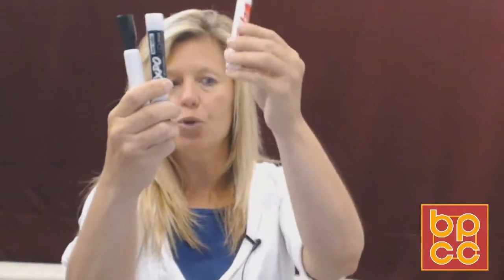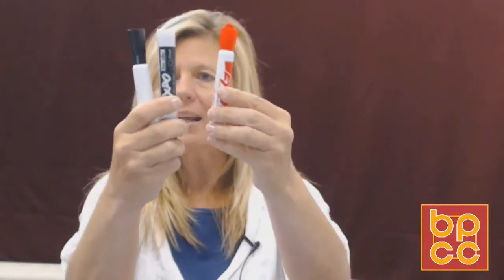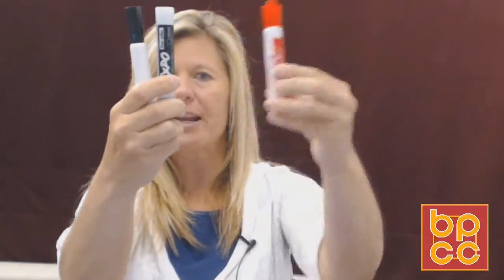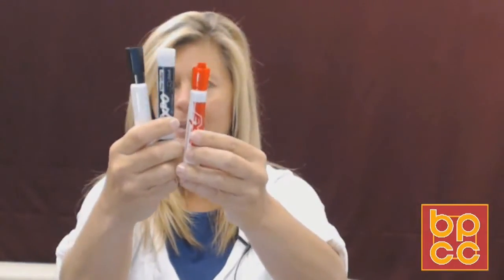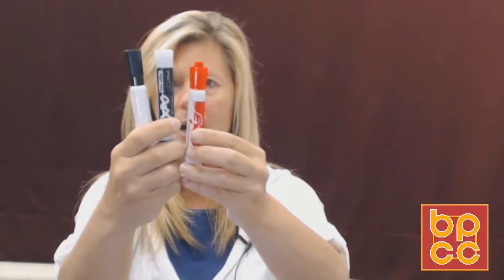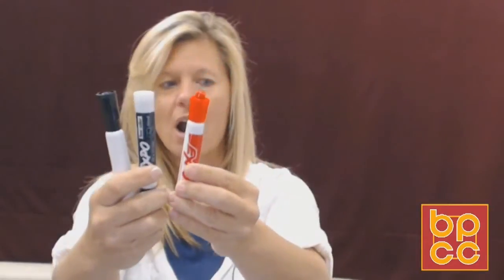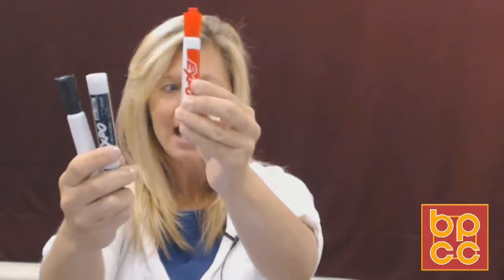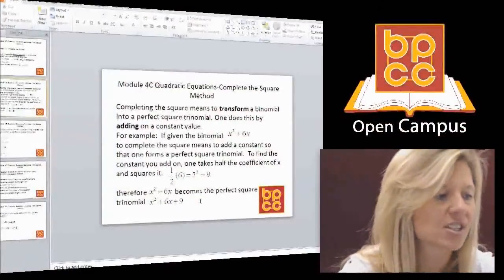Physically speaking, if I have 2 markers and I want to change this into 3 markers, the only way I can make 2 become 3 is to physically add in my group here another marker. So to do complete the square means to change a bi, 2 terms, into a tri, 3 terms. And the way we do that is we're going to add a number. So that's what your definition says.